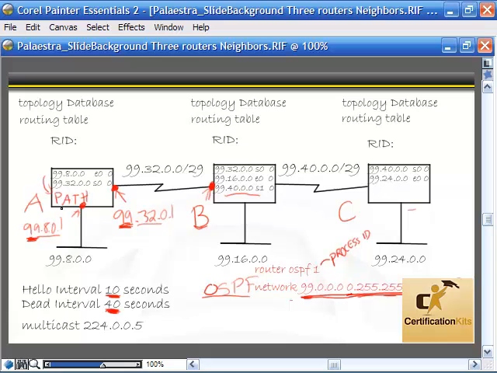So the router ID for router A, since this is the highest IP address it's got, would be 99.32.0.1. For router B, the router ID would become 99.40.0.1. This is .1 here, .2 here.